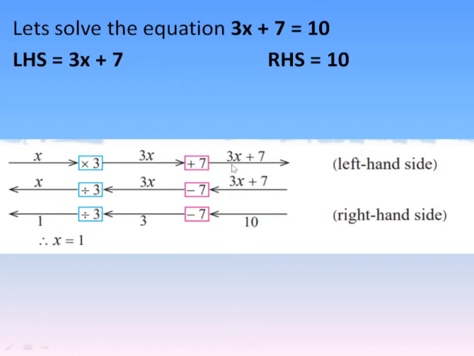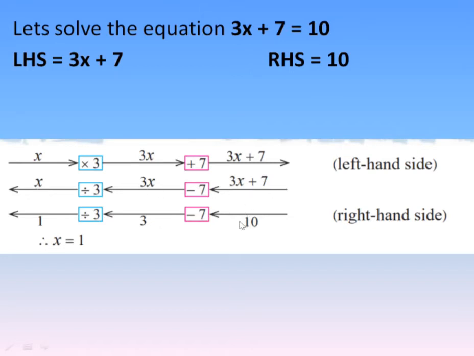Okay. Now we are going to turn this back into x. How are we going to do that? Okay. 3x plus 7. If we deduct 7 from 3x plus 7, it remains 3x. If we divide 3x by 3, it remains x. Now for the right hand side, we are going to do the same operations which we did in these steps.